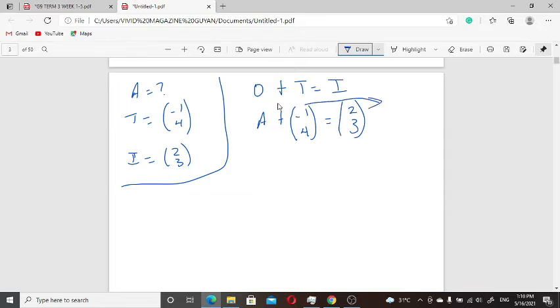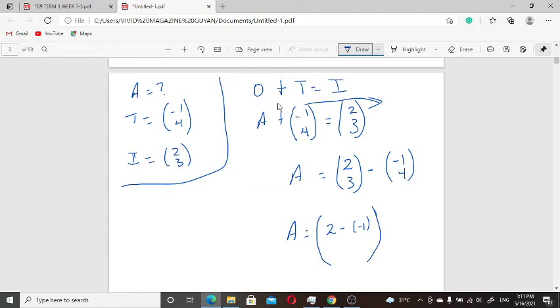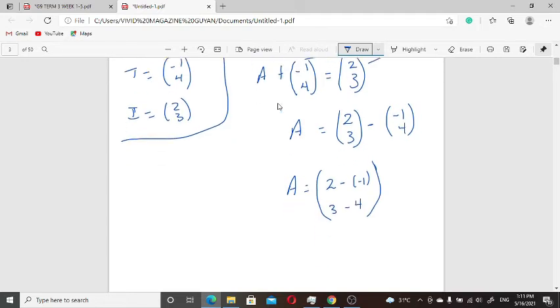So this is going to go over. A is equal to 2, 3. Since it's adding, it's going to come here and subtract minus 1, 4. Please take note, I did not change the signs. I wrote back everything that's in that bracket. So A is equal to 2 minus 1, and 3 minus 4.